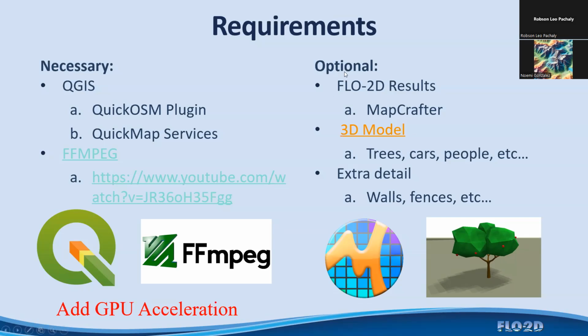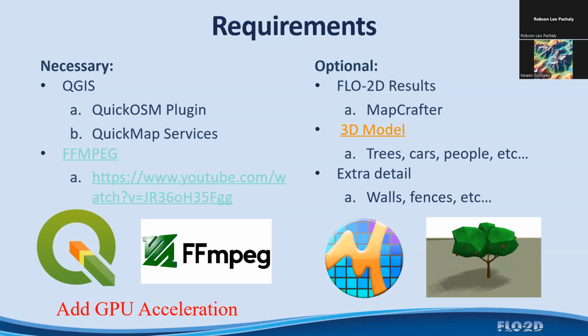MapCrafter here is optional because if you don't want to use a FLO-2D result, you just want to create the 3D animation, you can do that. This is just to show you what we really need. We need those two plugins and the FFmpeg, which I'm going to talk about in a second. This application is used to create the video.